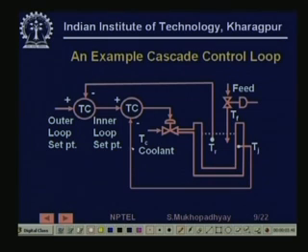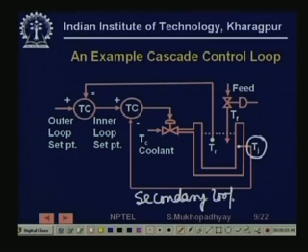So what we have is, instead of that, a cascade control loop, where we are now incorporating this additional measurement called the jacket temperature, and we are feeding it back, right. So, this is my secondary loop, or inner loop, and this is my primary loop.